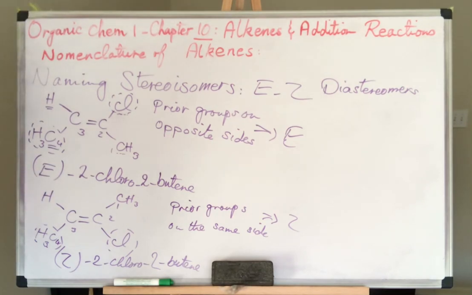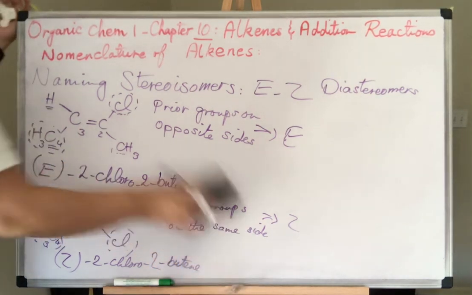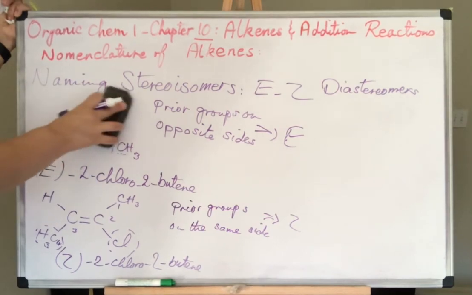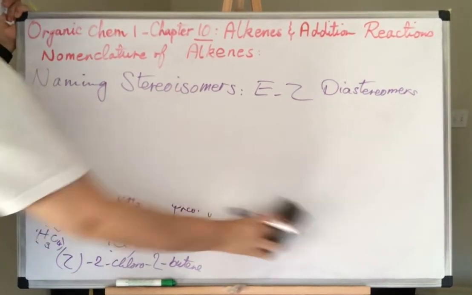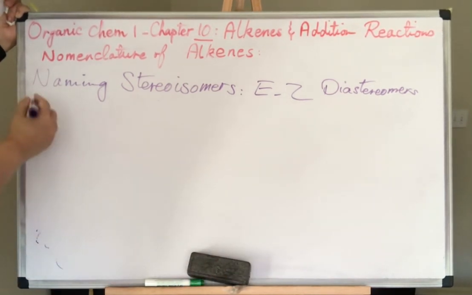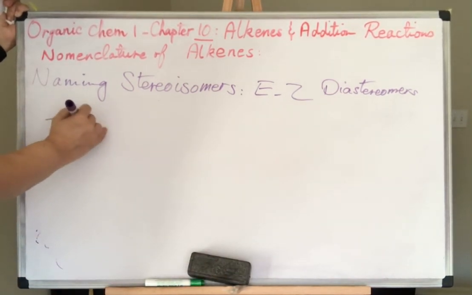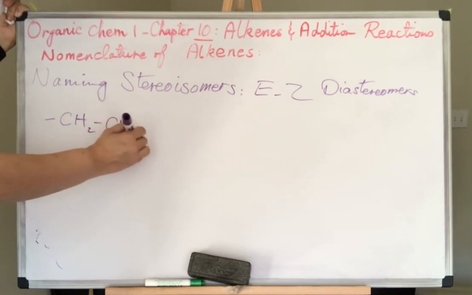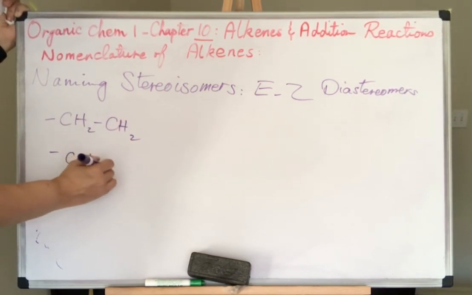The second rule for priority, if you remember, was when the immediate carbon atoms are the same, we go further until we find the difference. For example, rule number 2. Like when you have CH2, CH3, and just CH3.